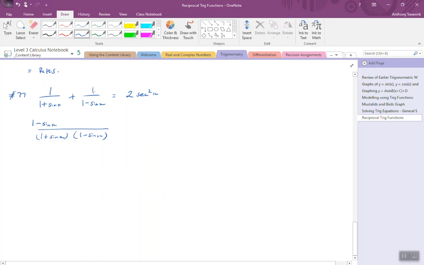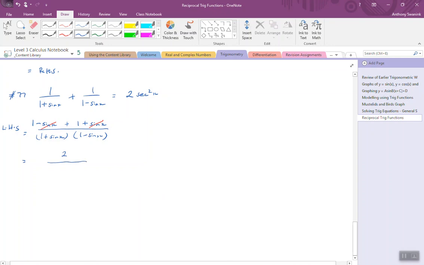If I do the same on the top, I get 1 times 1 plus sine x, which is going to be 1 plus sine x. So this again was the left-hand side. Okay, now on top, hopefully you can see that these will cancel, leaving 2 on top.